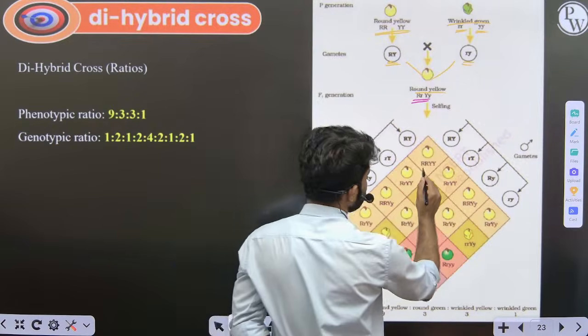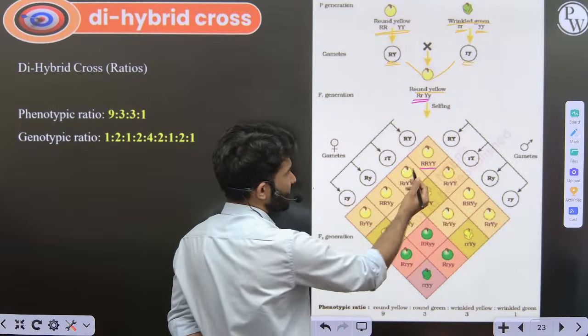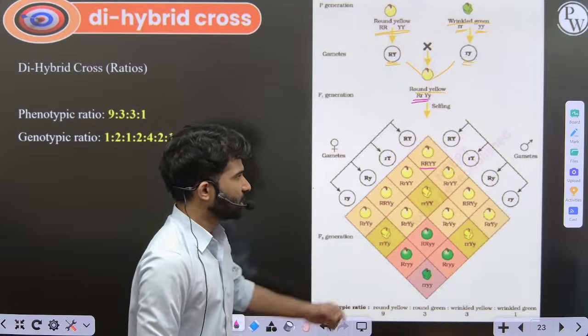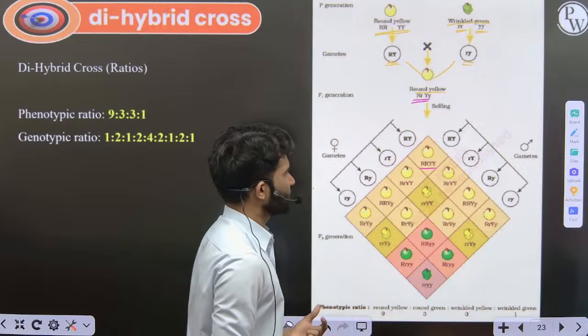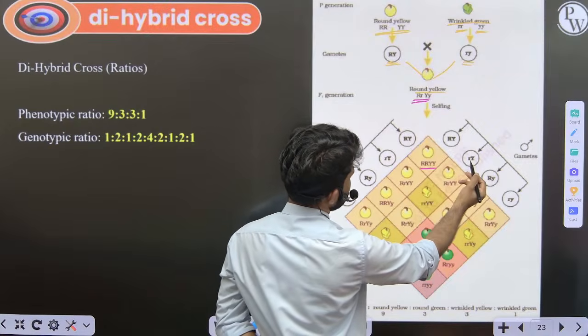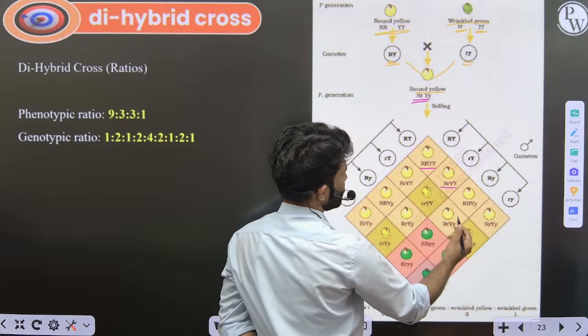So what is the shape and the color here? You will get round yellow. Again, if you cross capital R capital Y with small r capital Y, again you will get yellow.